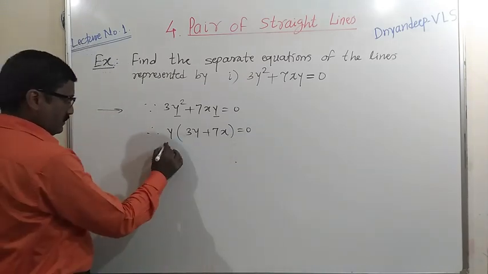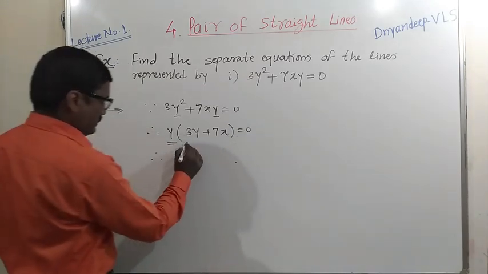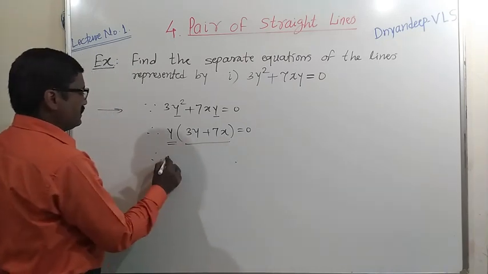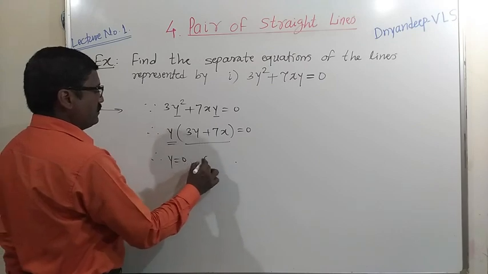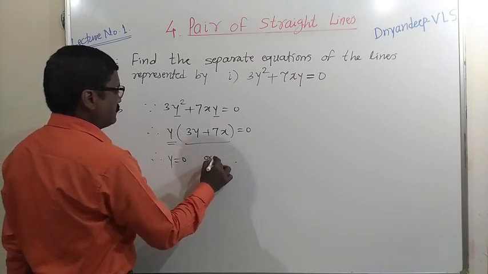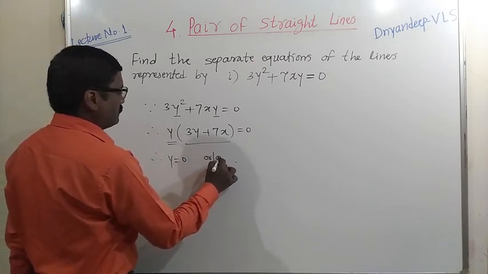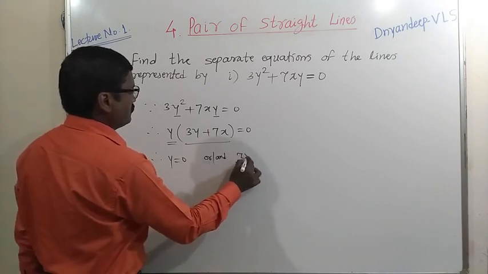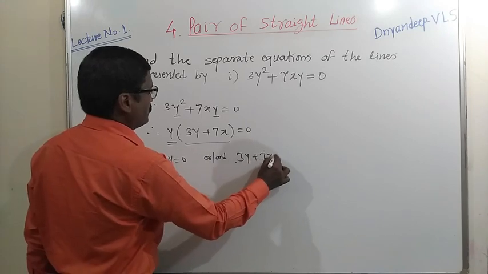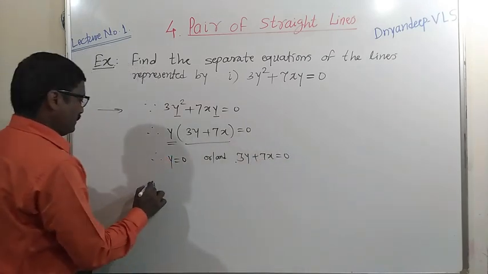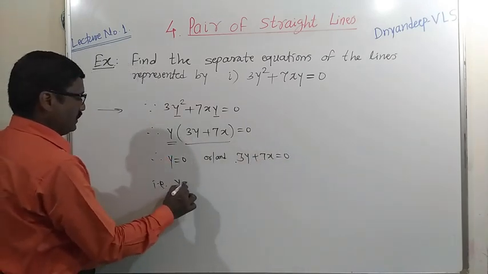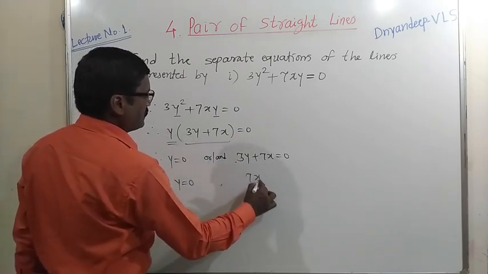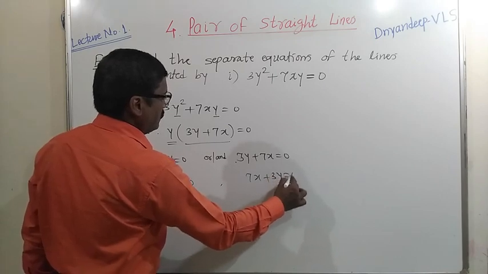Therefore, the first factor is y, the second factor is 3y plus 7x, and the product of the two factors is 0. It implies the first factor is 0 or 3y plus 7x equal to 0. That is y equal to 0 or 7x plus 3y equal to 0.